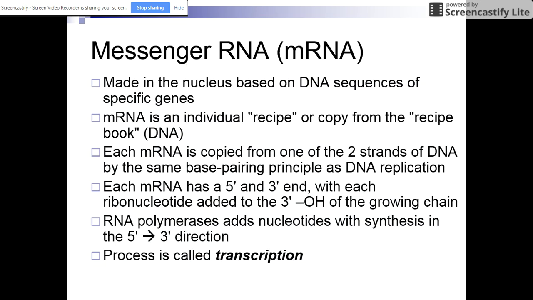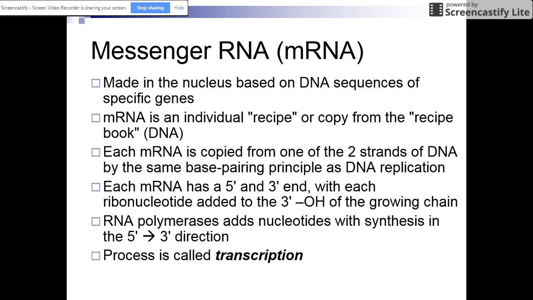So obviously in transcription, our focus is the mRNA, which we talked a little bit about in the previous PowerPoint. You should know where it's made. That's the nucleus. How is it made? Well, it's complementary to the DNA sequences in the genes. If I can use the analogy of the DNA molecule in the nucleus as a recipe book, then the mRNA is just a single copy of a recipe from that book.